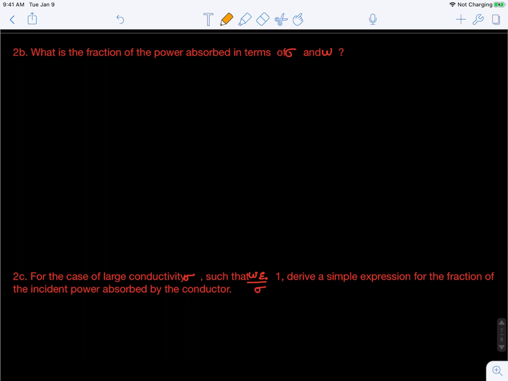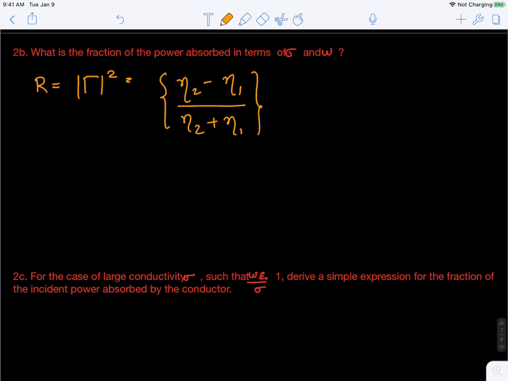In 2a we found that the fraction of the power reflected R is given by mod gamma square, which is equivalent to (eta 2 minus eta 1) divided by (eta 2 plus eta 1), whole square.